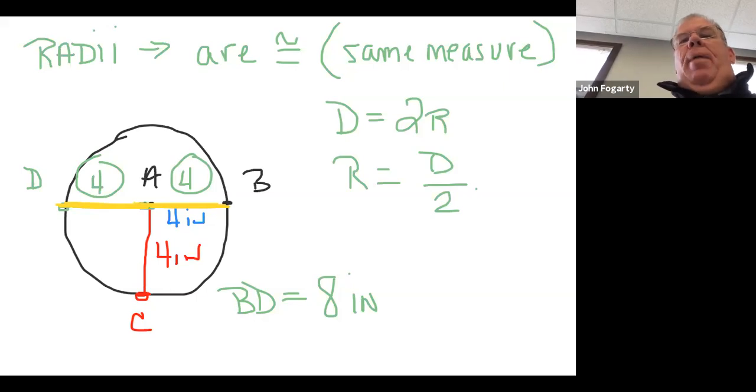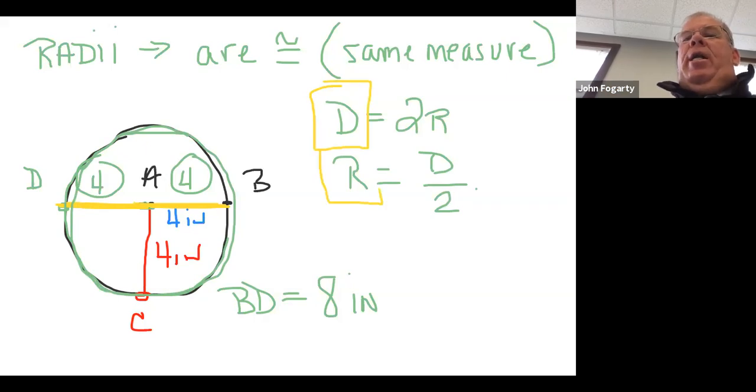All right, the problem with a circle is that it's a curve, so it becomes very hard to actually measure. So what we're going to end up doing is using segments like the diameter and the radius to help us with our measures.